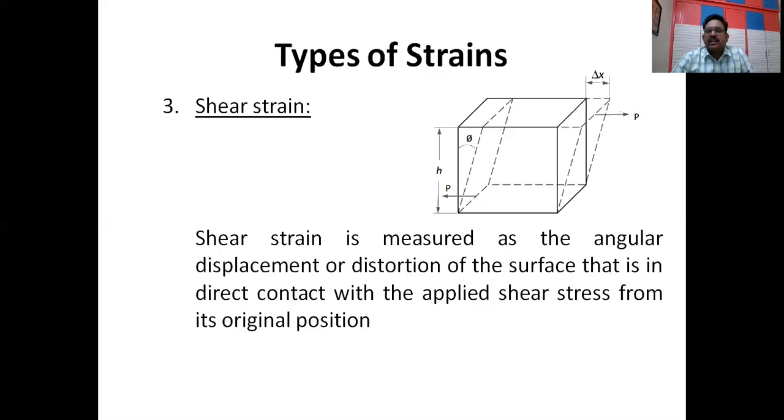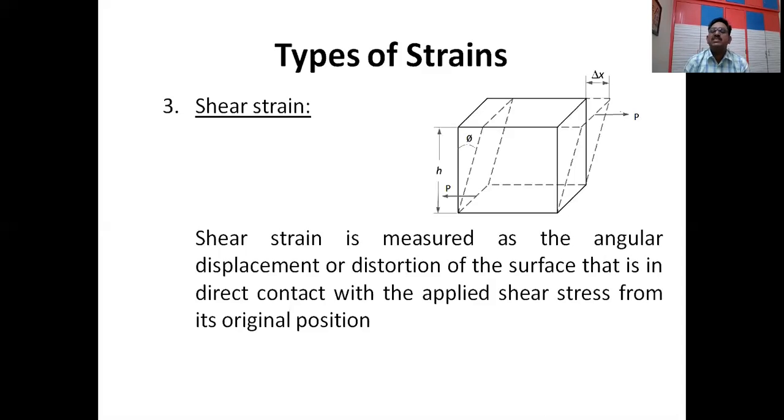Then suppose that it is deformed, the deformation will be like this. The upper layer moves in this direction and the lower layer moves in this direction. There will be some distortion, an angular displacement. And how much angle it is distorted, for example, phi is the angle of distortion or angle of angular displacement.